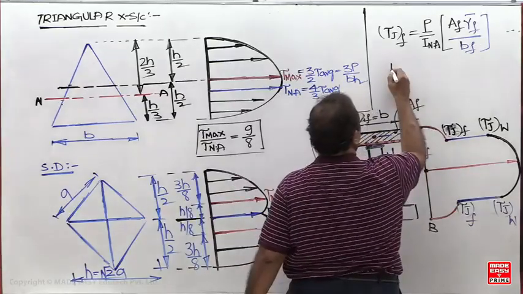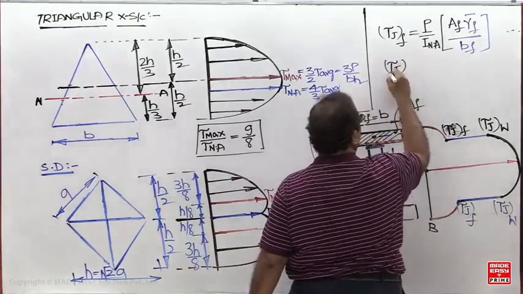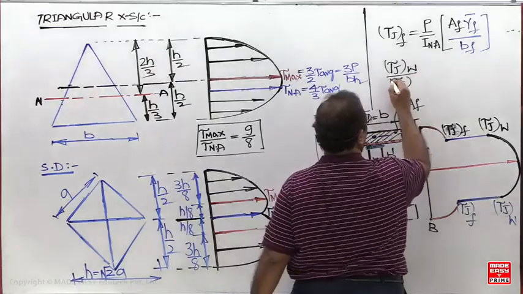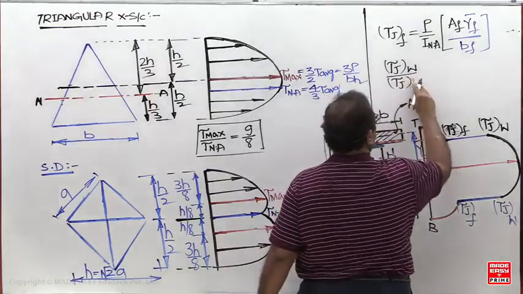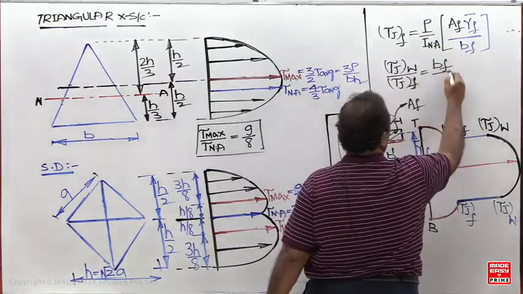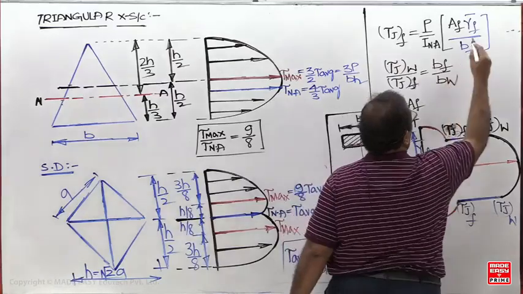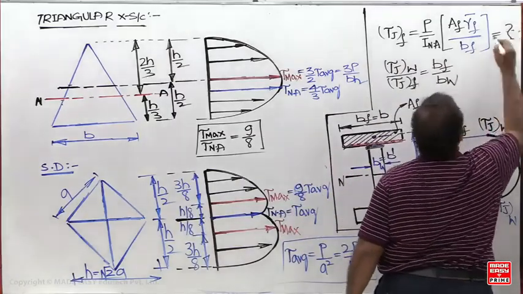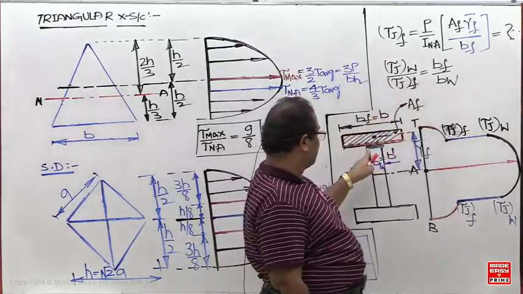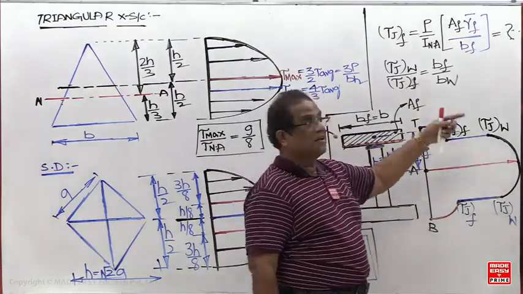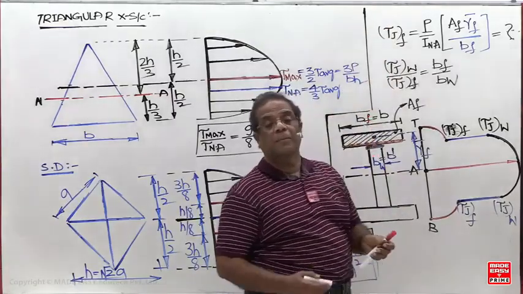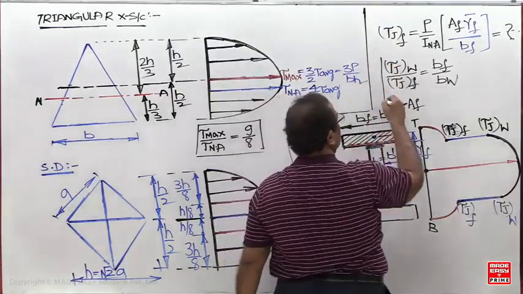It is inversely proportional to width. Shear stress is inversely proportional to width, BF. So from this one calculation, we'll calculate the stress at the red color points, and from this one, we can find out the blue color points. If I know the shear stress at the bottom of the flange, we can find out the top of the web.